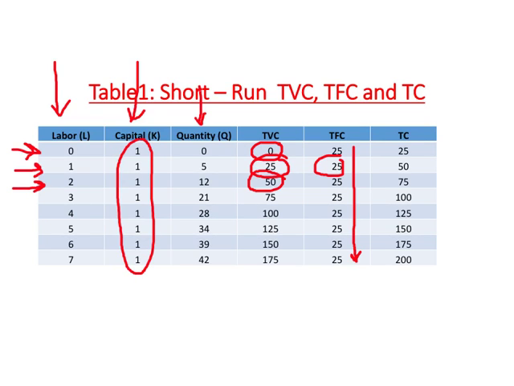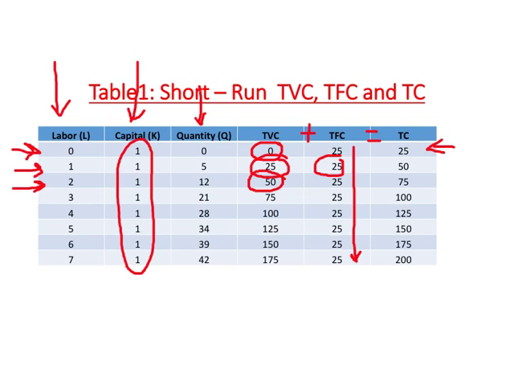Now, on the previous slide, we saw that total cost can be broken down into total variable and total fixed cost. So when we add up these two costs, what we get is the total cost of production. How much is total cost of production when the firm produces nothing? It will be $25, and it's entirely the fixed cost.